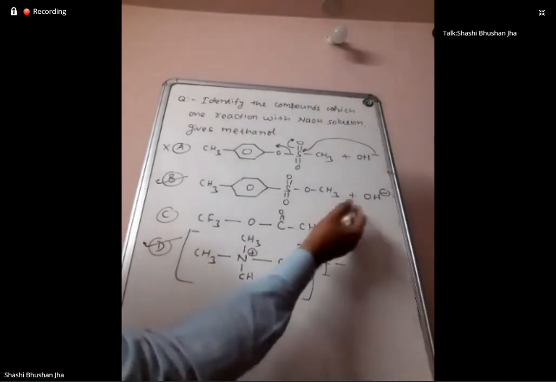Sulfur. So if it attacks on sulfur, will you get methanol, or you will get that sulfonic acid and methoxide? Okay, that methoxide can again take H plus from sulfonic acid and that will become methanol.